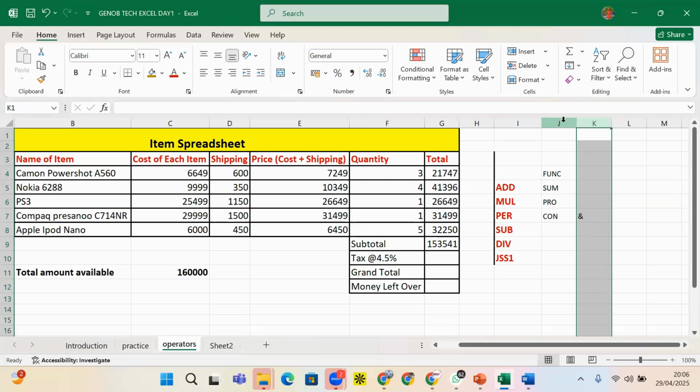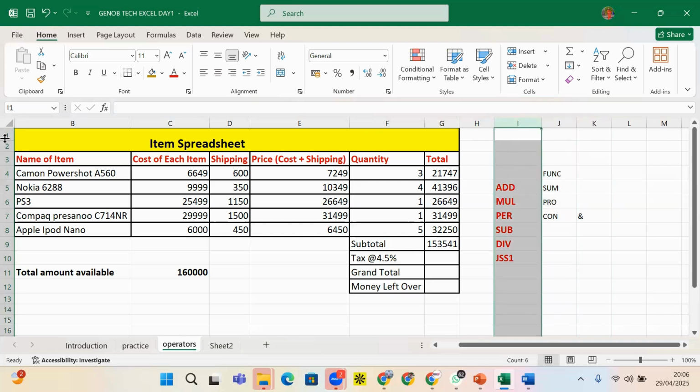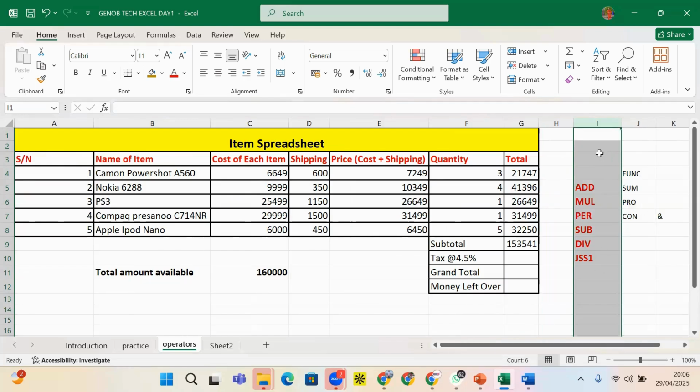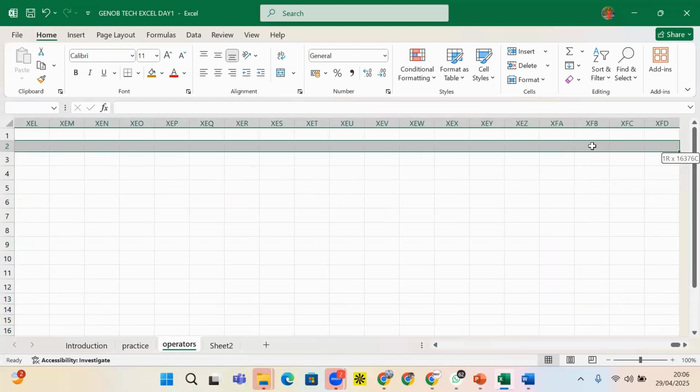These are column headers. Remember, from A to the last column, which is XFD. And how do you get to the last column? You press Control Shift and the right arrow key, you get to the last column, XFD. There are over 16,000 columns.